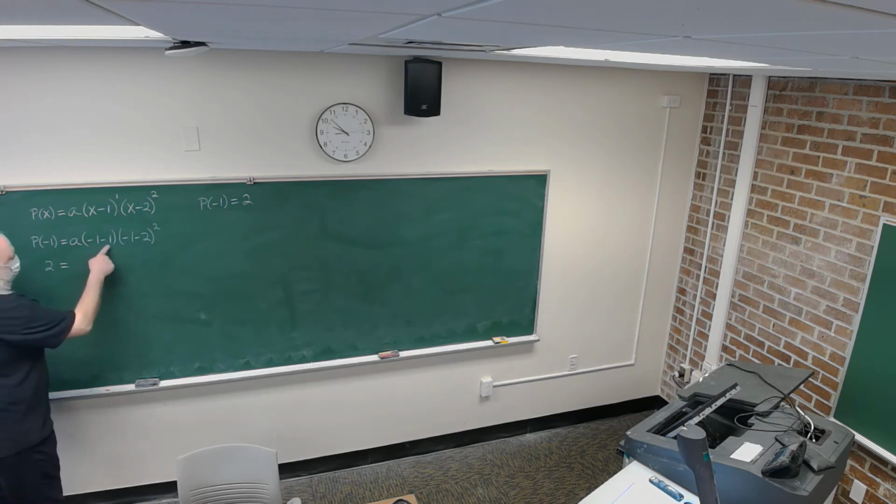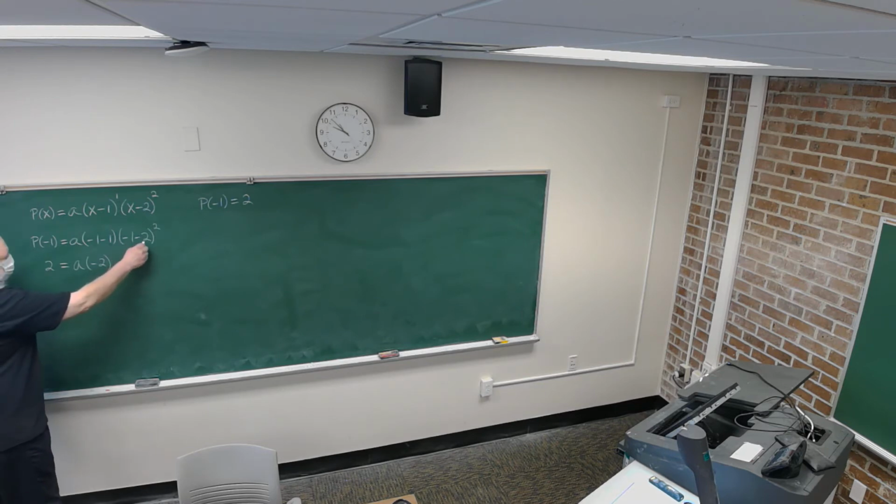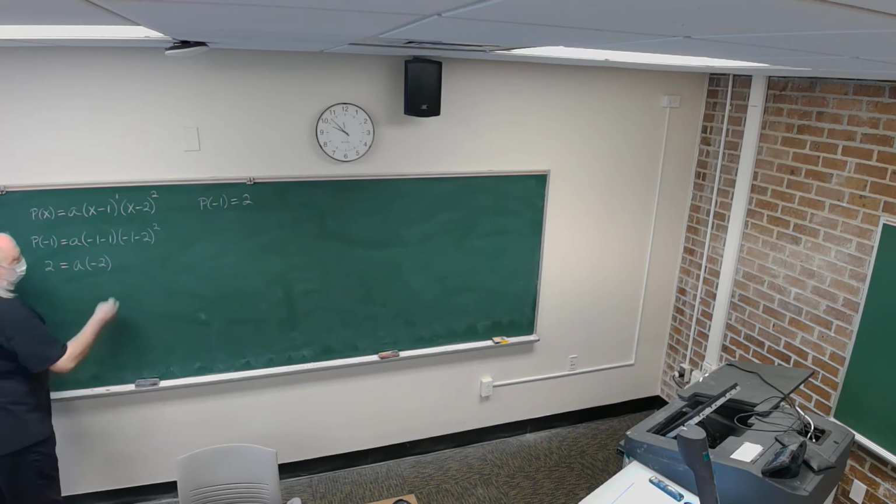So minus 1 minus 1 is equal to minus 2. You know PEMDAS, you do parentheses first, right? And then minus 1 minus 2 is negative 3, and negative 3 squared is equal to 9.